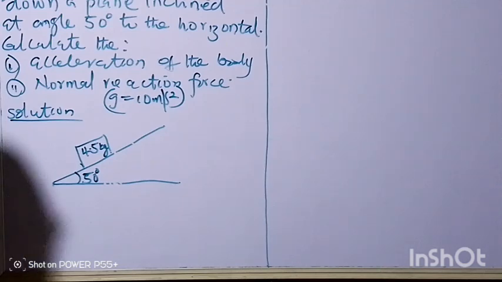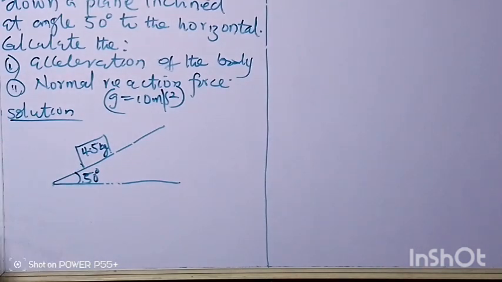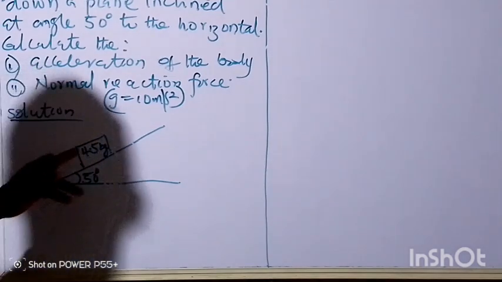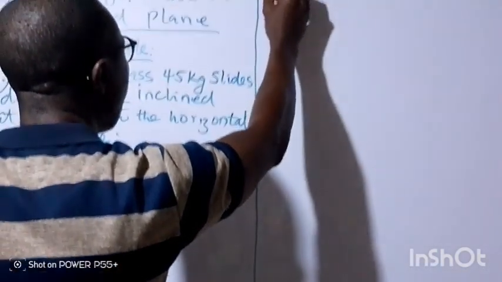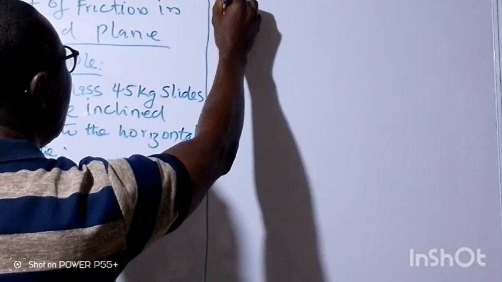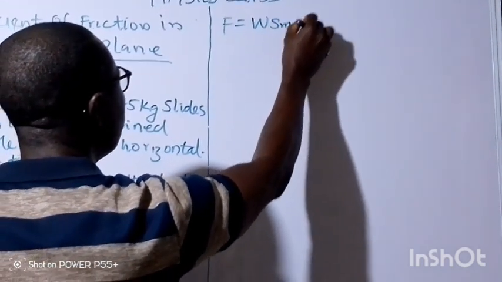If that is the case, to calculate the acceleration of the body, don't forget, for this body to slide down, the horizontal constant force to slide down the body, as we explained in our last lesson, F is equal to W sine theta.